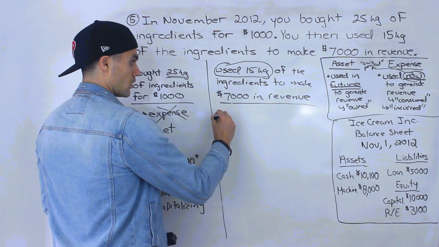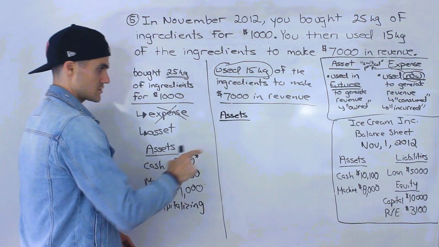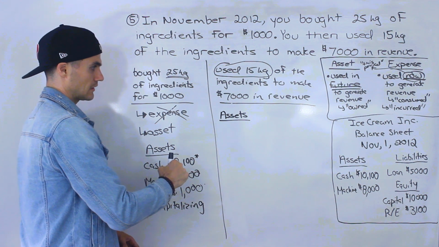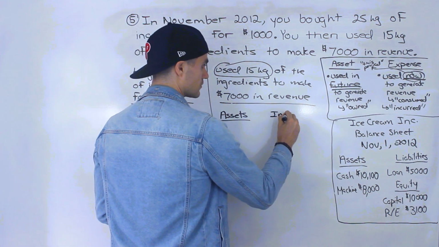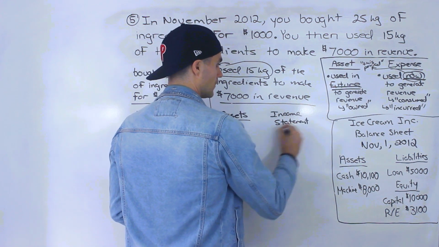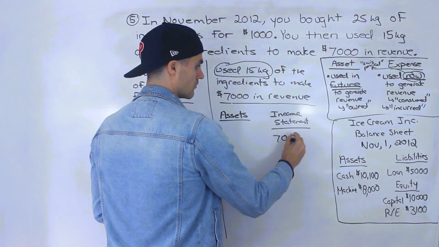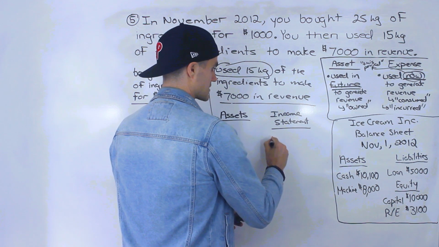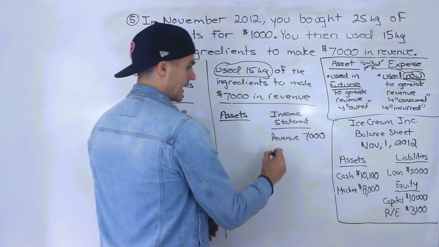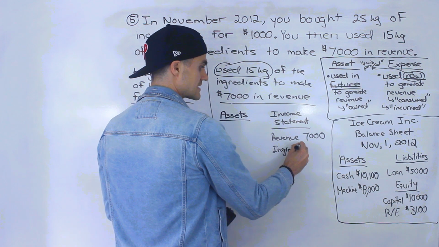So what's going to happen? Let's start with the balance sheet. So we got the assets here. Actually, you know what? Let's do the income statement. So I'll do the income statement here. Notice that we made $7,000 in revenue. Let me classify this. And notice that the ingredients that we can classify as an expense is $600.